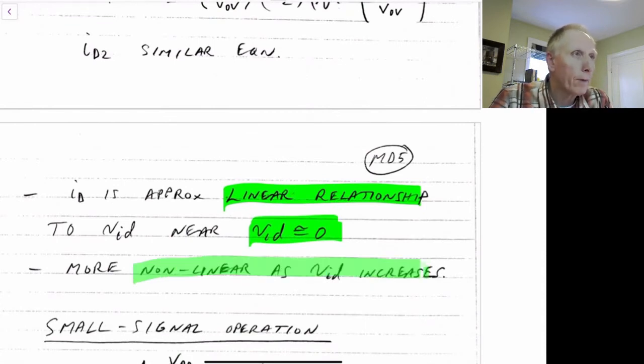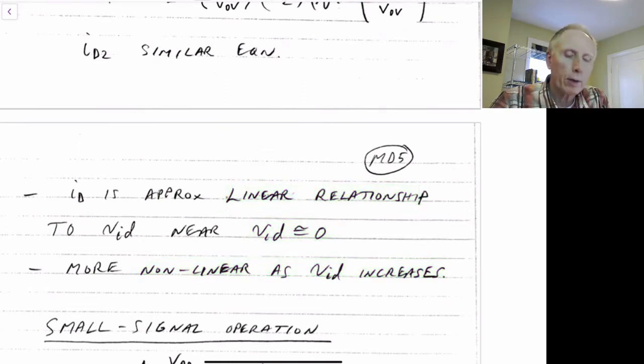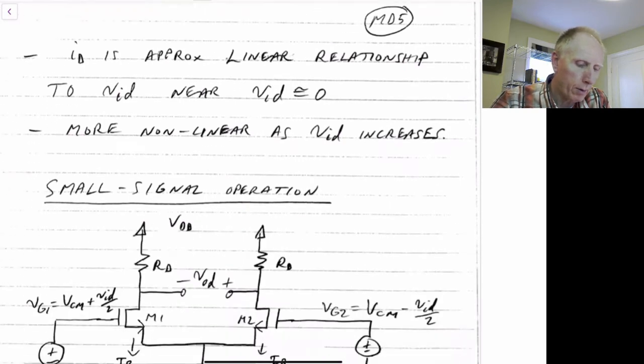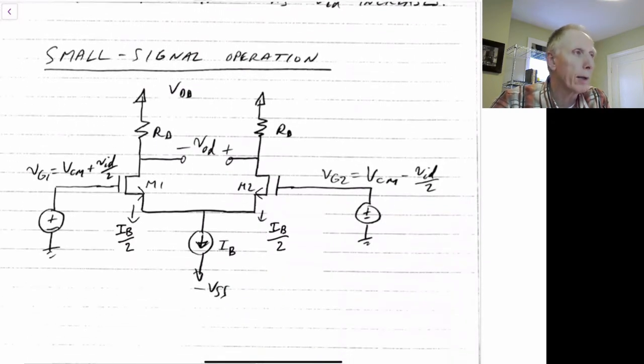So when we use it in a small signal operation, we always want to use it around VID approximately equal to 0. And the further we get away from that, the more nonlinear it's going to become. So next we're going to be looking at the small signal operation of this differential amplifier.